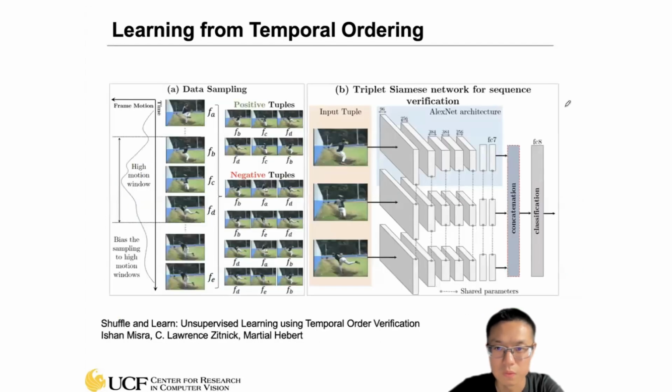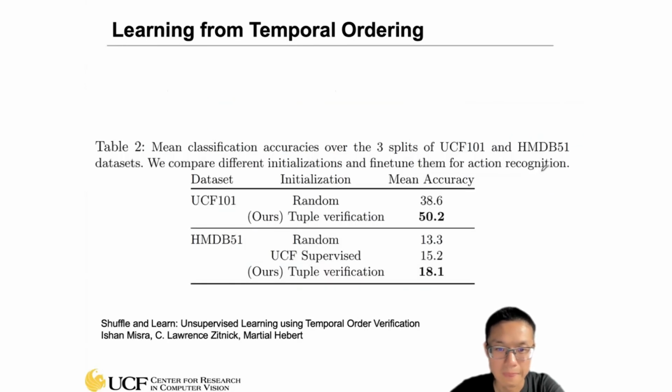They use these 3 frames as an input tuple to a CNN network. The output will be positive if the 3 frames are in the original time order, and negative if the order is incorrect, randomly shuffled. So that's another strategy that uses time order to learn meaningful representation from video.